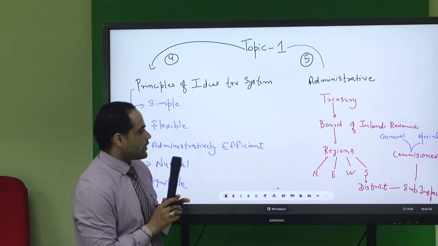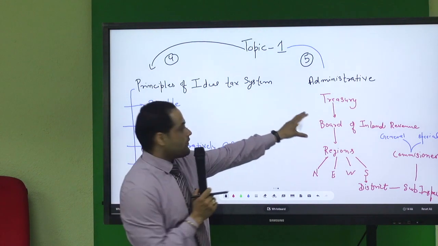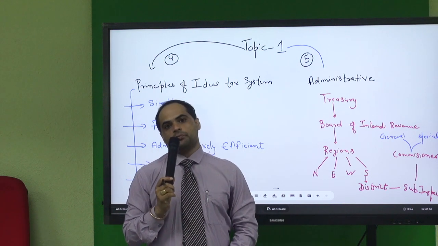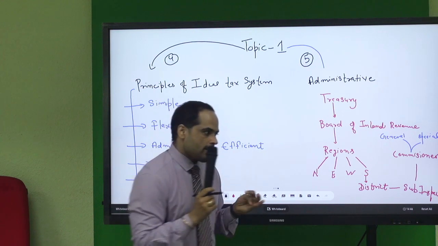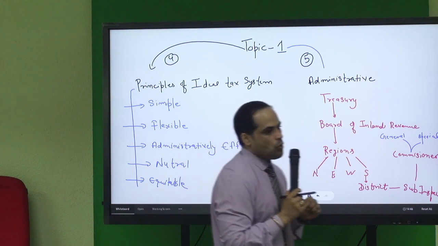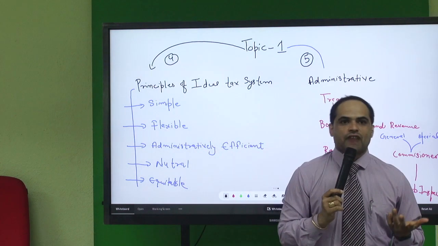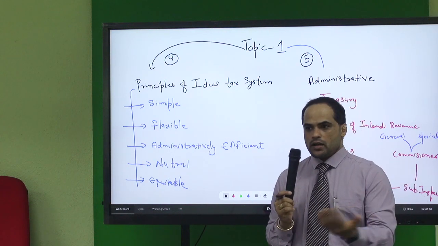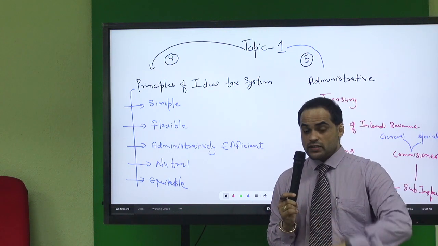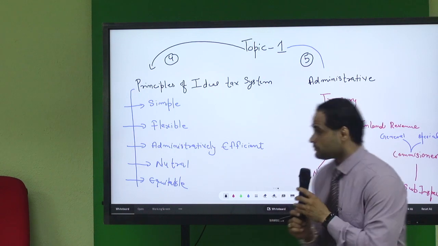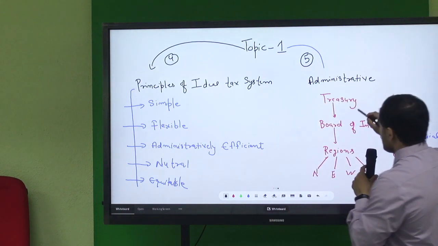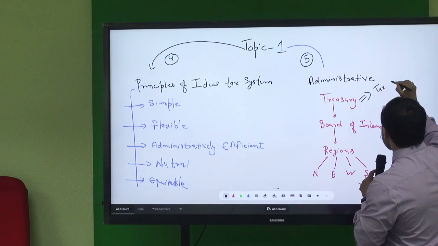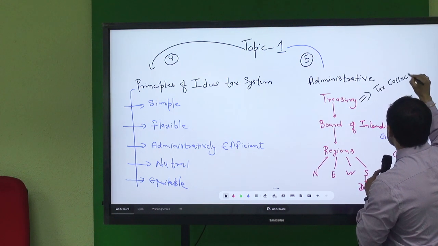Okay, so first of all, we have a treasurer or treasury. The treasurer is responsible for collecting all kinds of taxes. Whatever revenue we are generating within the country goes to the treasury. So I'll write down here, tax collection.